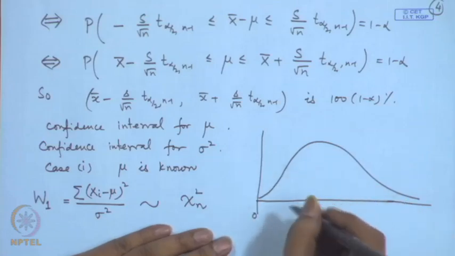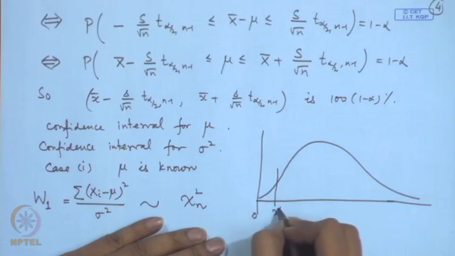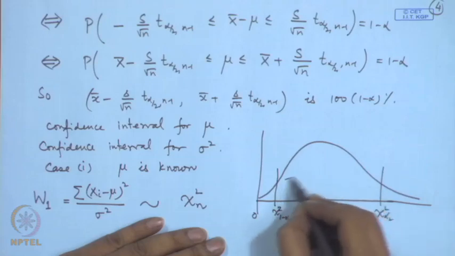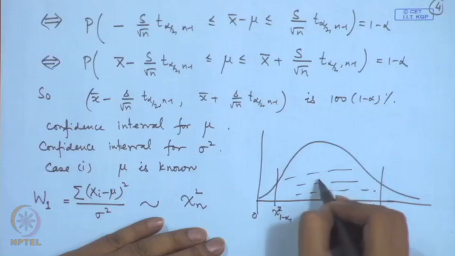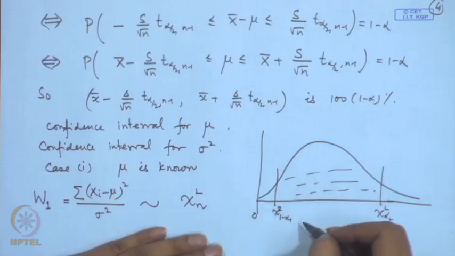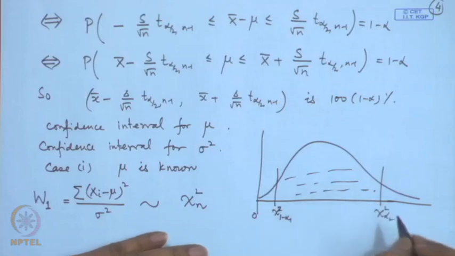If you note the chi square distribution, it is a positively skewed distribution. So, in fact, we need to take two values, one value say chi square 1 minus alpha 1 and say chi square alpha 2, such that this probability should be equal to 1 minus alpha. However, for convenience we generally take this value as alpha by 2 and this value as 1 minus alpha by 2.